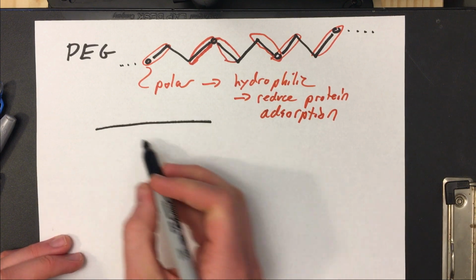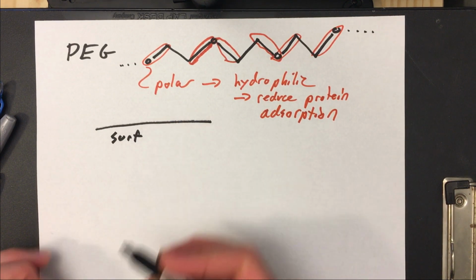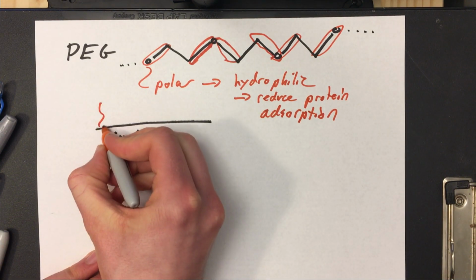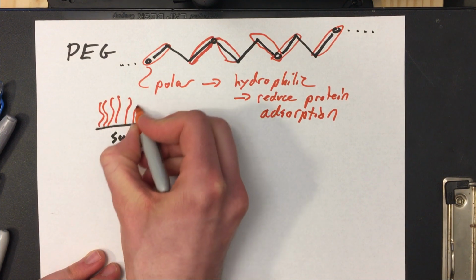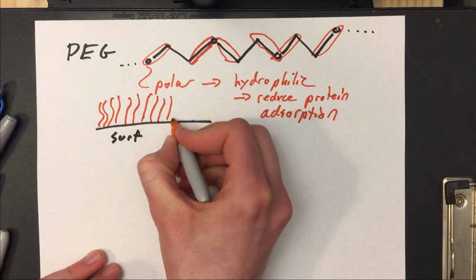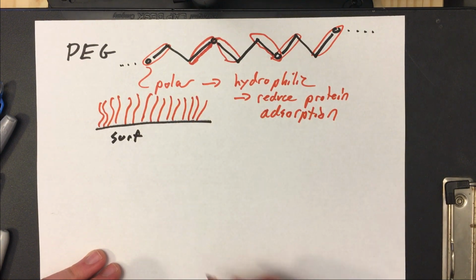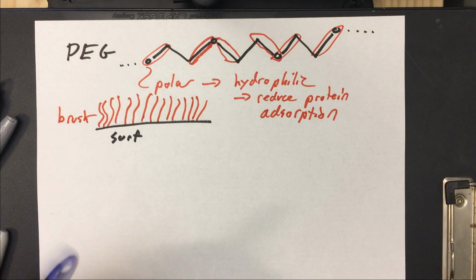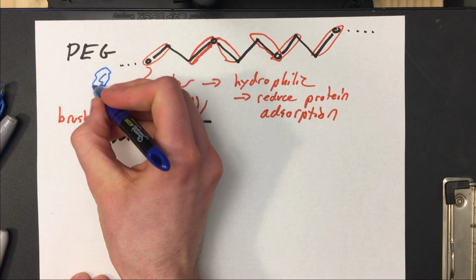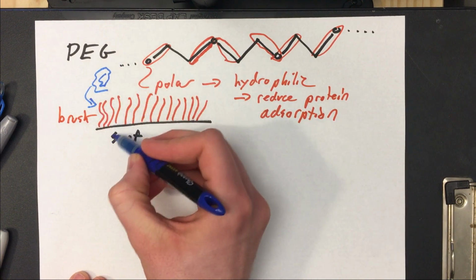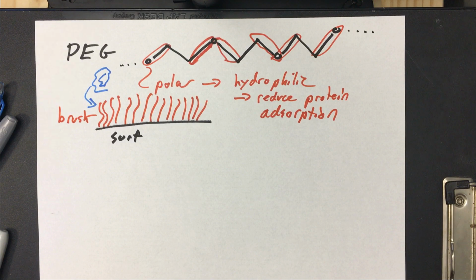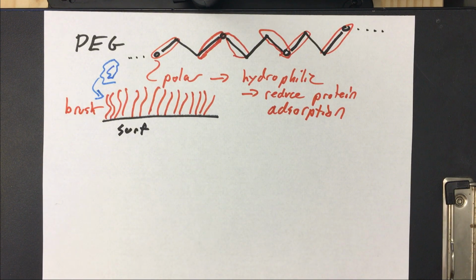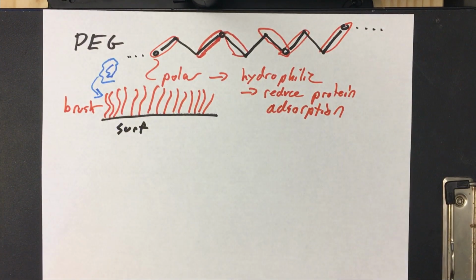You might have some surface here that would otherwise be hydrophobic, and if you can basically grow or graft a brush of PEG on the surface, then any protein that's in your fluid basically can't adsorb to the surface because the PEG is blocking it. So that's why we might want to graft PEG onto a surface.